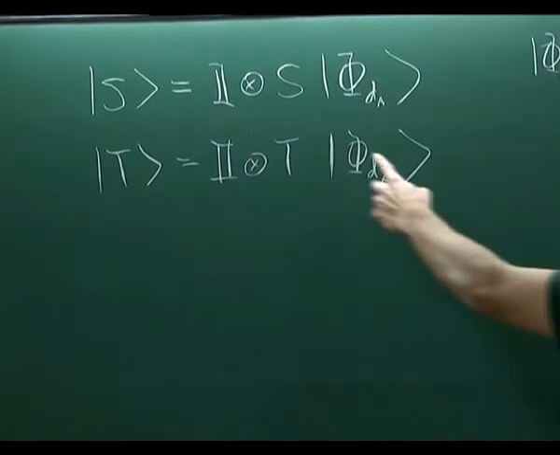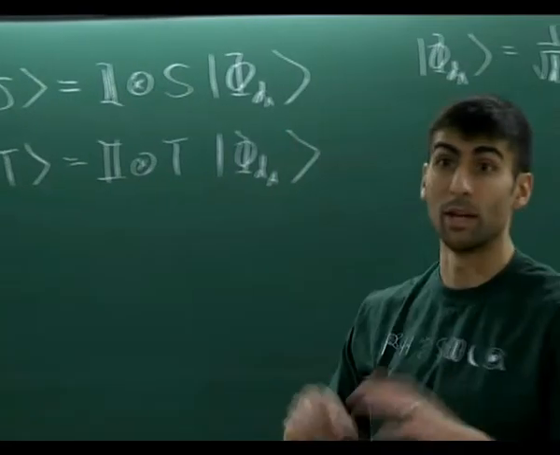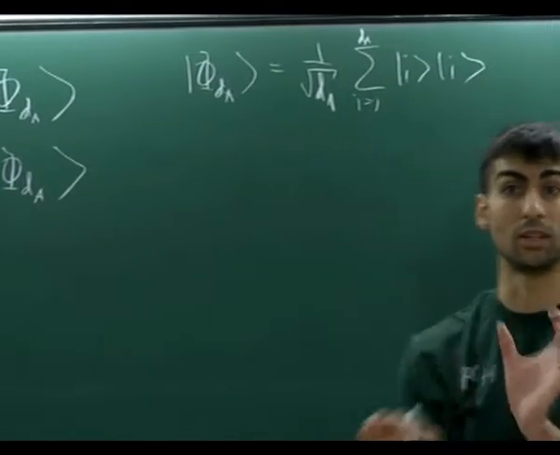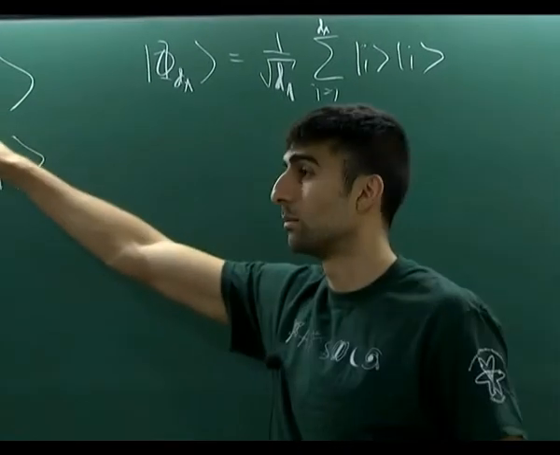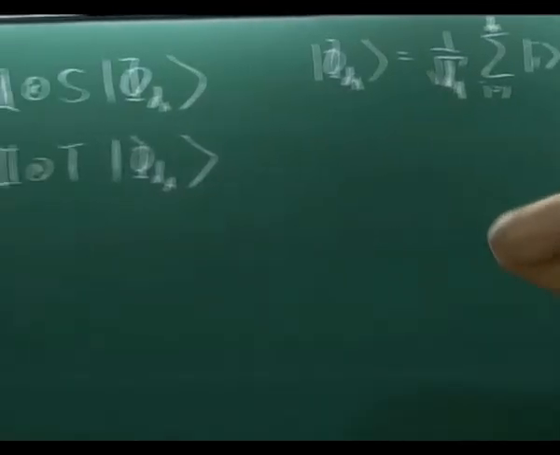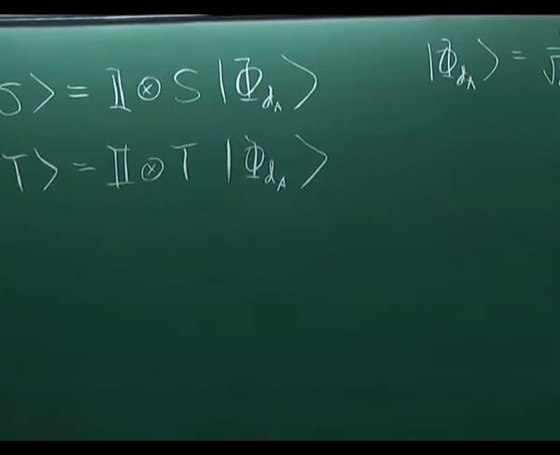Now, S is not a square matrix, right? Because Alice and Bob may have different dimensions. So S is going to be a rectangular matrix. It's going to map system dA to dB. All right.